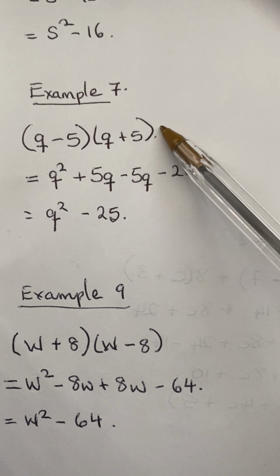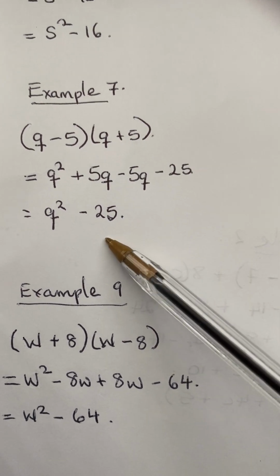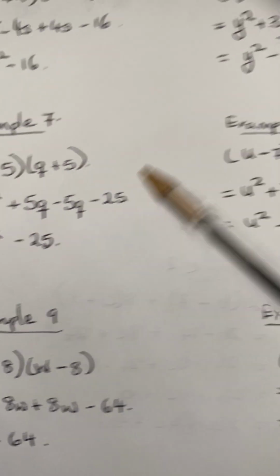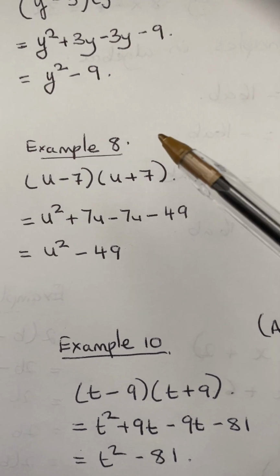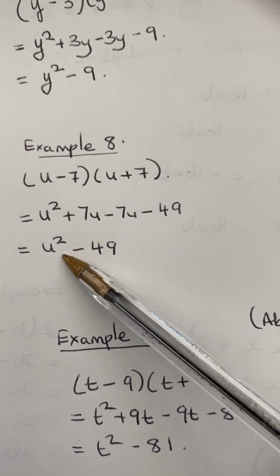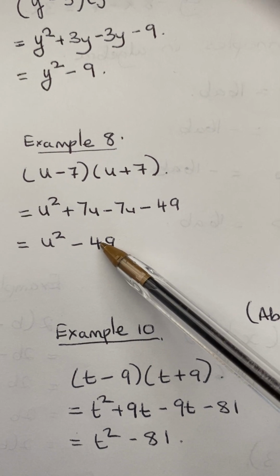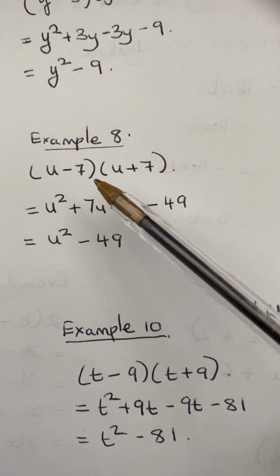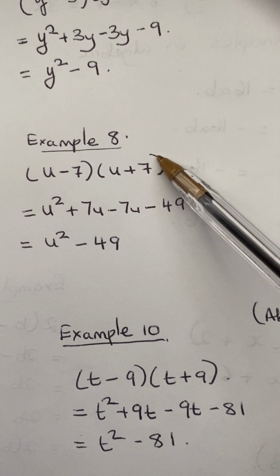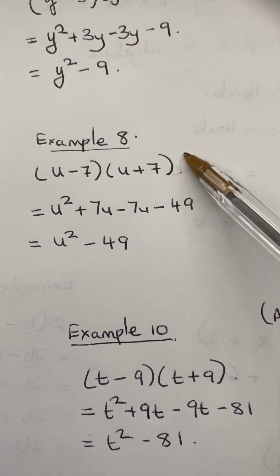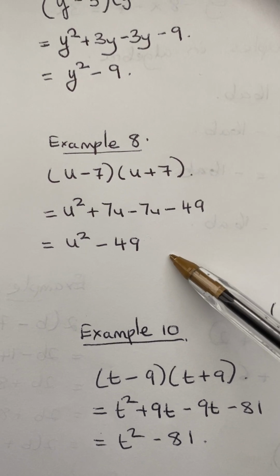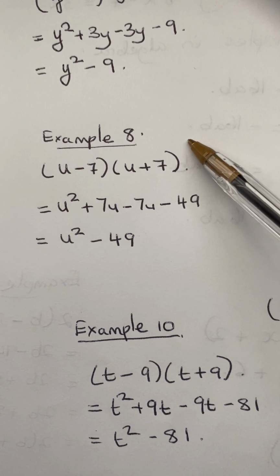So you can actually go from this step to this step. Let's look at this example, difference of two squares again. So you have (u minus 7)(u plus 7), both in brackets. So you can go from this step to this step and from that step to this step.